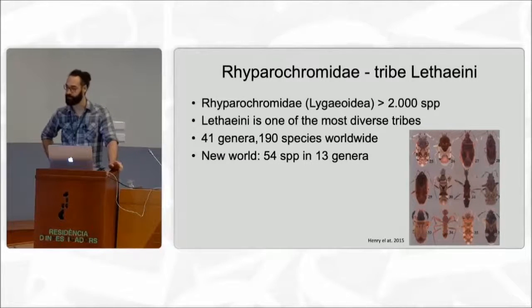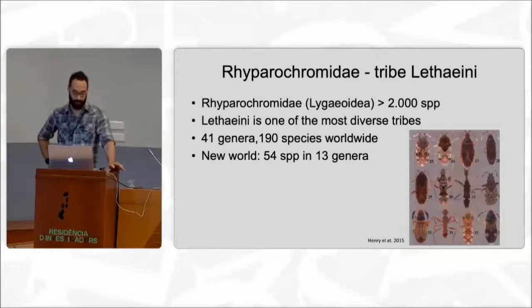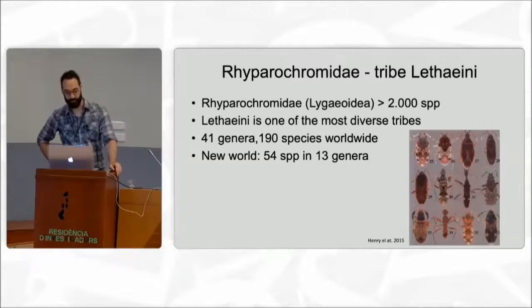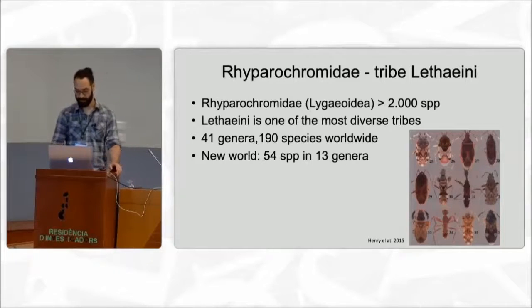It has 41 genera and 190 species worldwide, and in the New World, in the Americas, which is what my work is focused on, it has 54 species in 13 genera.